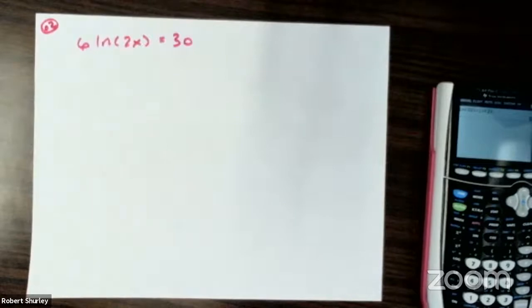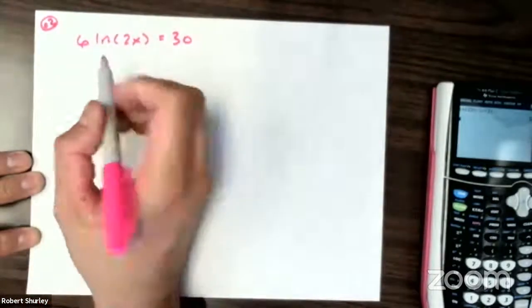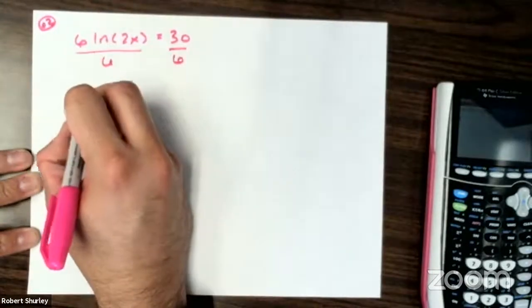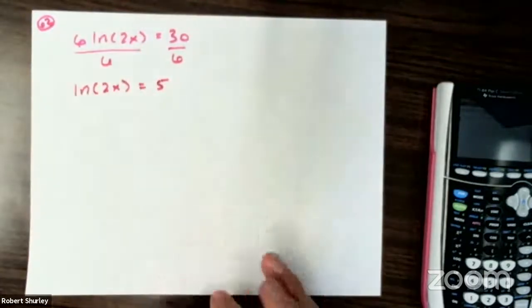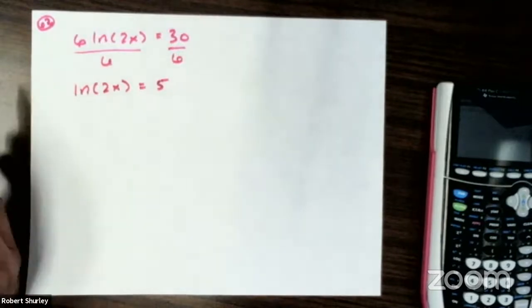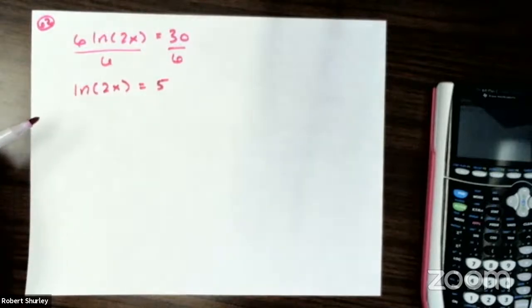Okay, just like exponents, we need the ln by itself. So the very first thing I've got to do is divide this 6 over. So it would be ln of 2x equals 5. And now, look, there's a few ways to do this, but we can do it with the exact same steps from before.